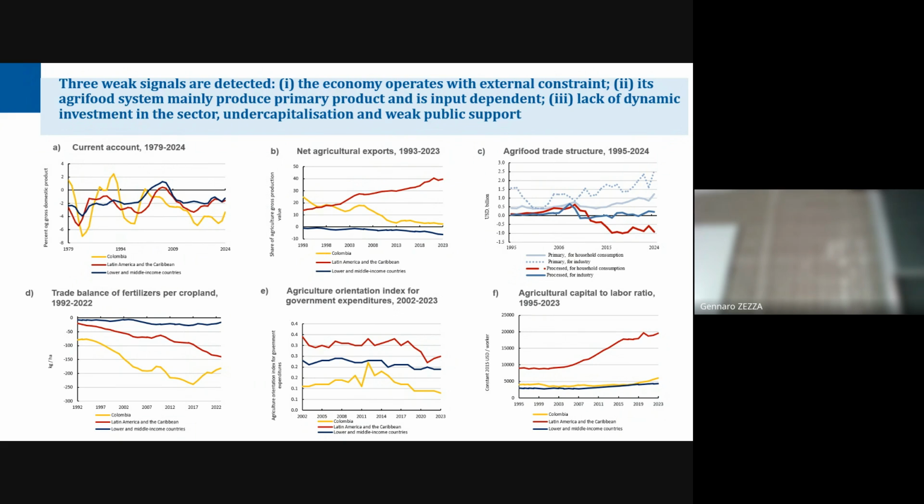And also, if you look at the agrifood trade structure by primary product or processed product, for household and for industry, you see a well-known path: you export primary products, either for household consumption or for industry, and you import more processed, higher value food, and the same is happening for industry.